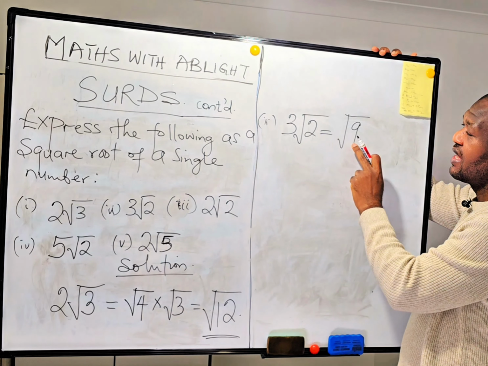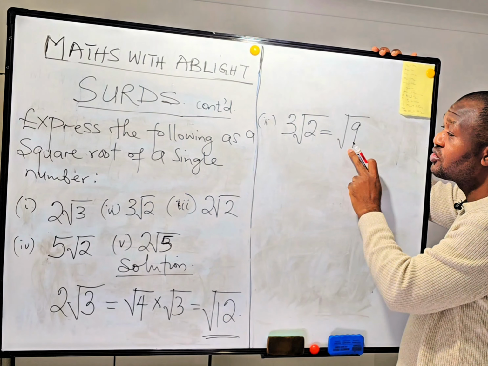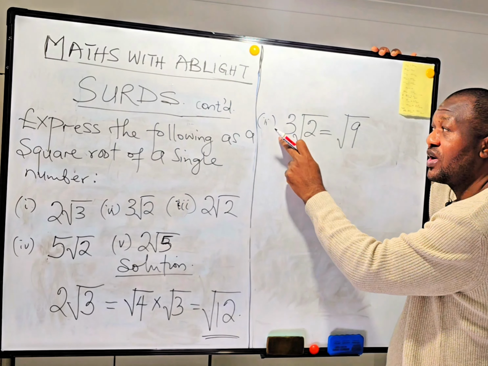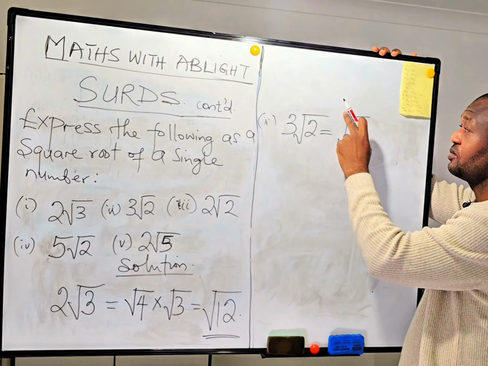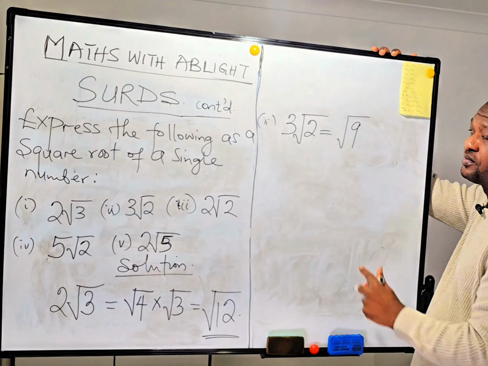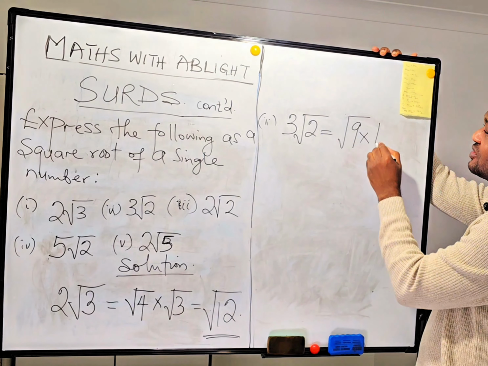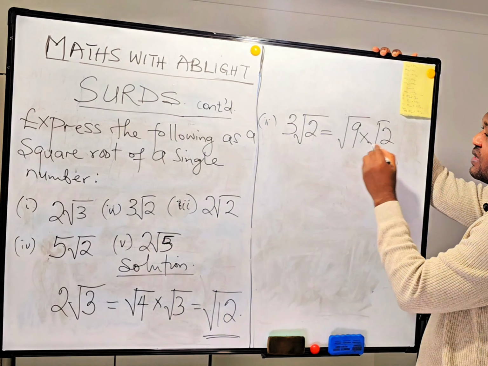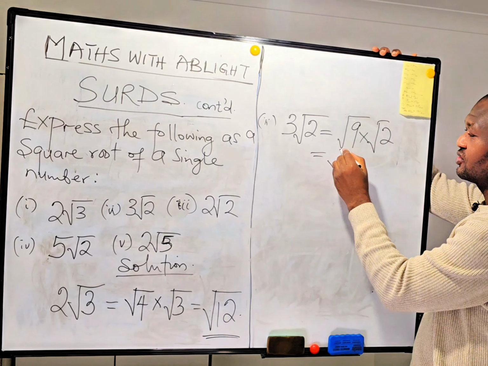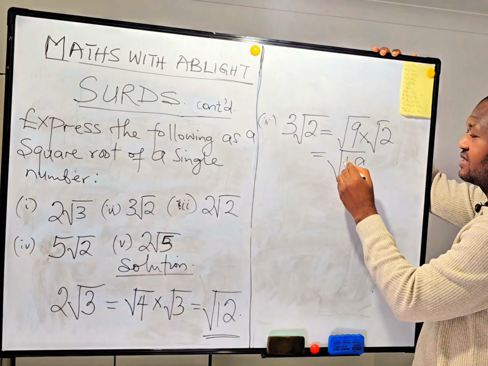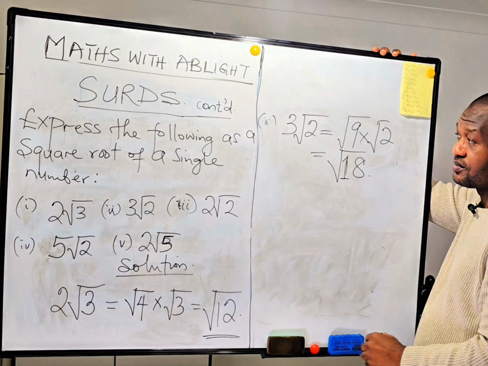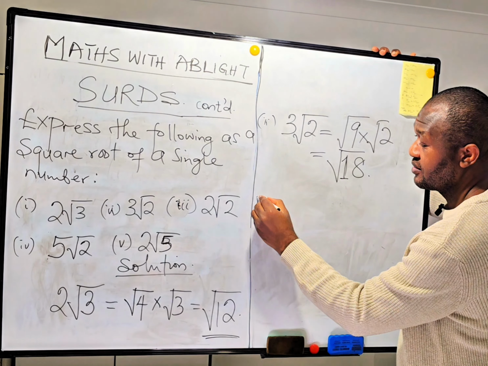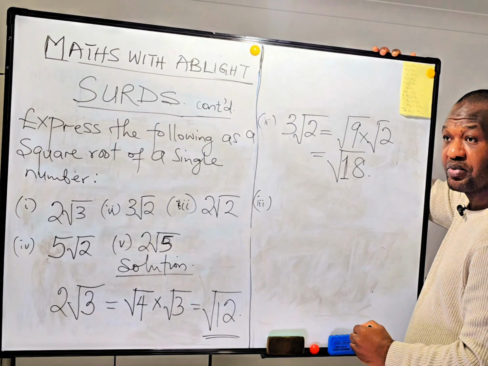But because the square root of 9 gives you 3, and the square of 3 is 9, you take the square root of 9 because you want to represent 3 in the square root form. Multiply that by the square root of 2, and that gives you square root of 18.